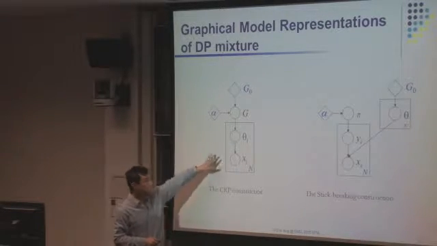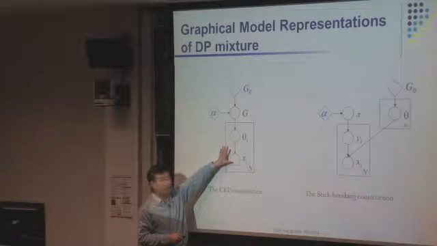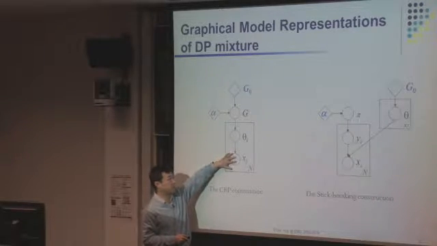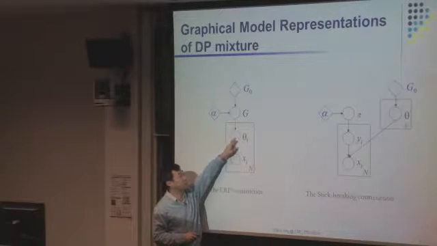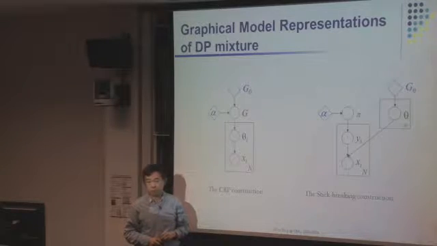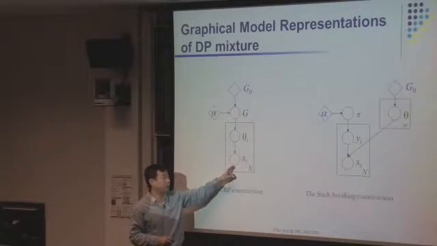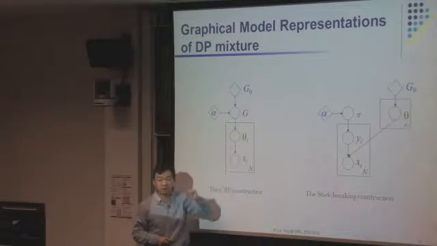In this particular graphical model, I make explicit that each data point has its own centroid, but different data points can have identical centroids. Therefore, this sample can be reused by different samples. It just has a different index, but its value may be the same.